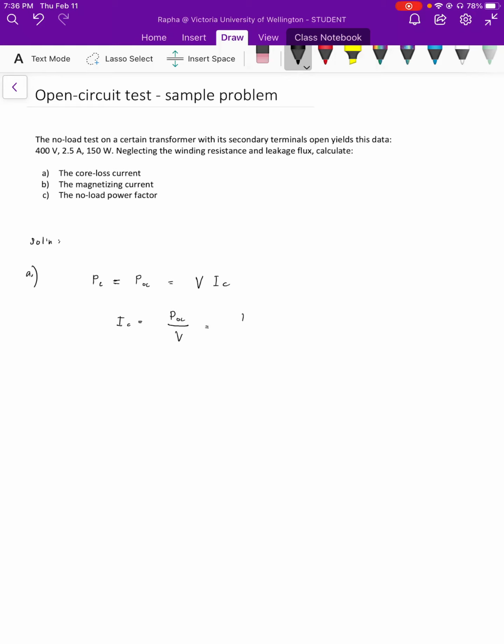So that's 150 watts divided by 400 volts, and that is equal to 0.375 amperes. So nanatay solution. Very straightforward na approach sa pag-solve ani nga problem. Then we have the magnetizing current IM.